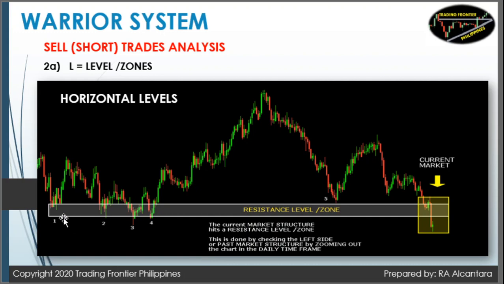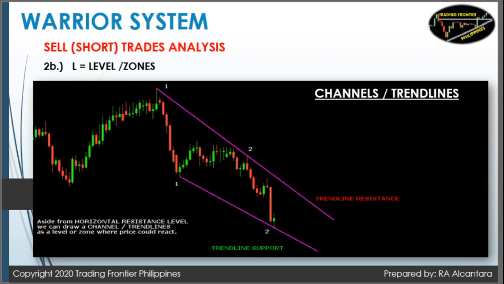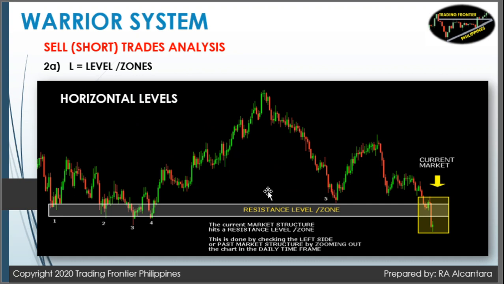We all know that this was once a key support level. The price reacted to it many times, but as per the current price movement, this support level was broken, so it will now become a new resistance. So we are now applying level trading, horizontal levels. Broken now, this is a resistance level or zone, coming from previously a support level or zone.